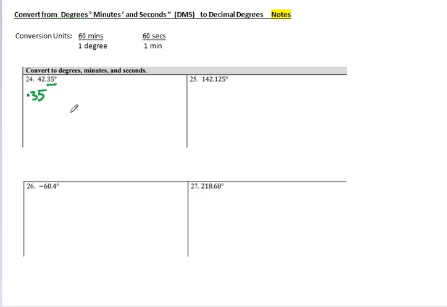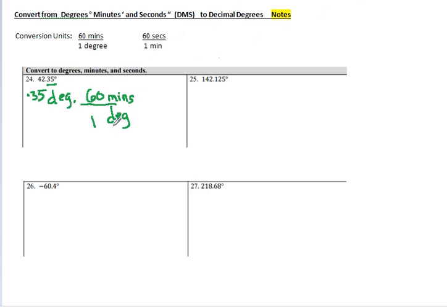We are going to start with 0.35, and this is in degree form. So you write what you're going from: regular degrees. We are converting into minutes. I know that 60 minutes makes 1 degree.